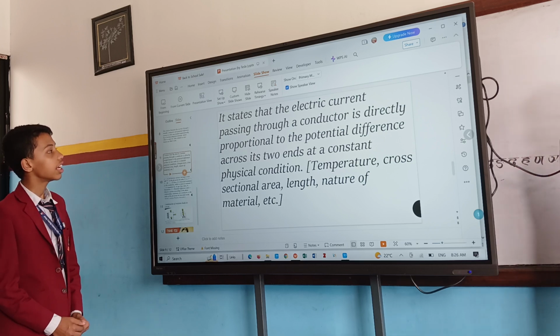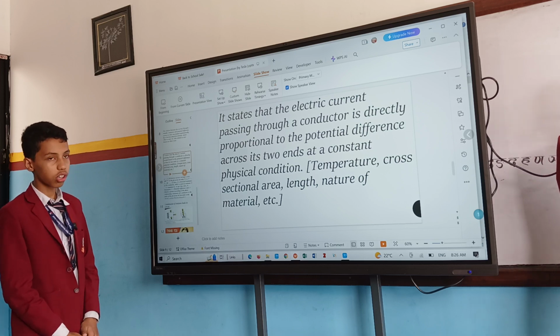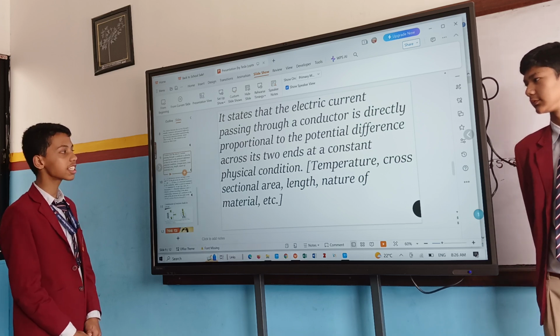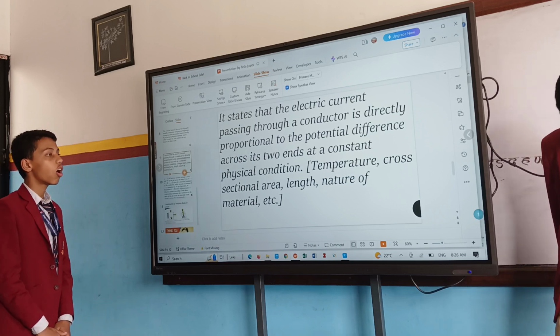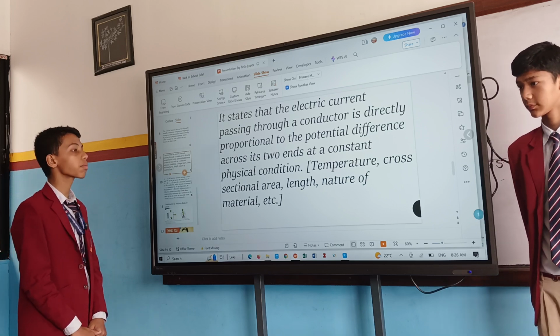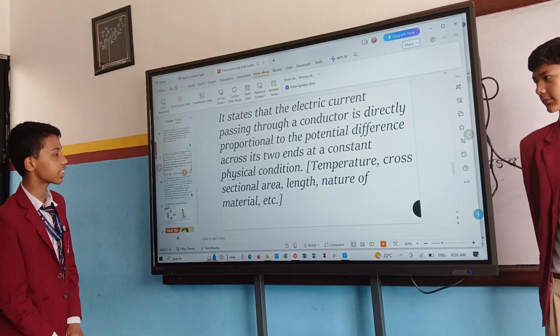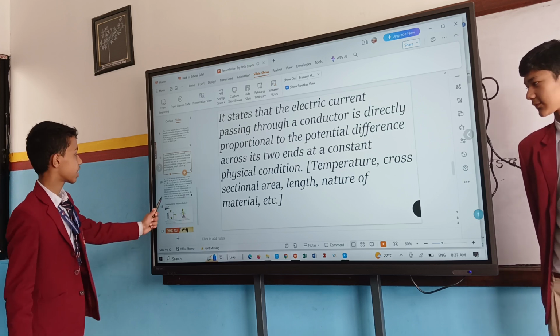It means that the electric current passing through the conductor is directly proportional to the potential difference across its two ends at constant conditions: temperature, cross-sectional area, length, nature of material, etc. These are the physical or constant conditions.